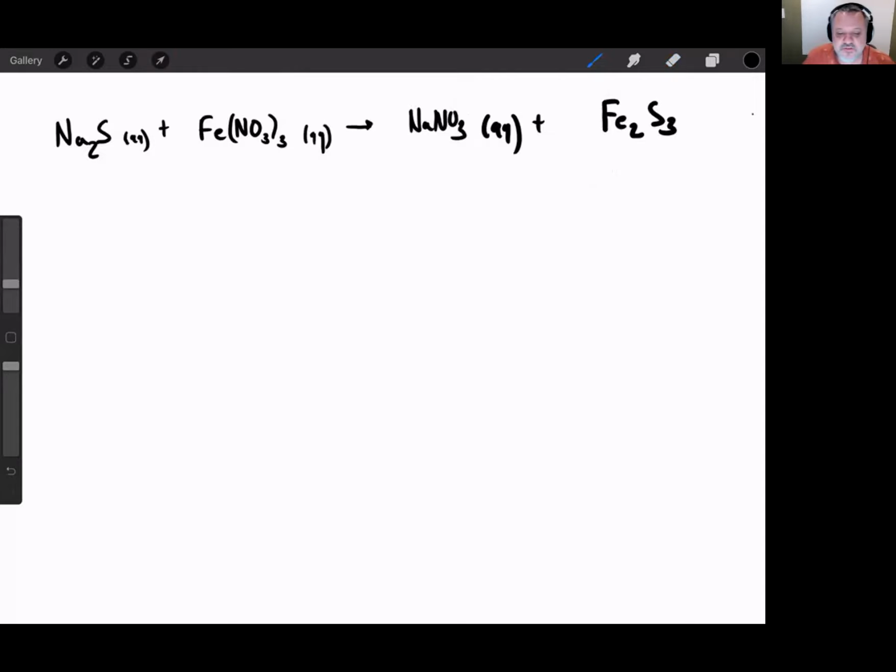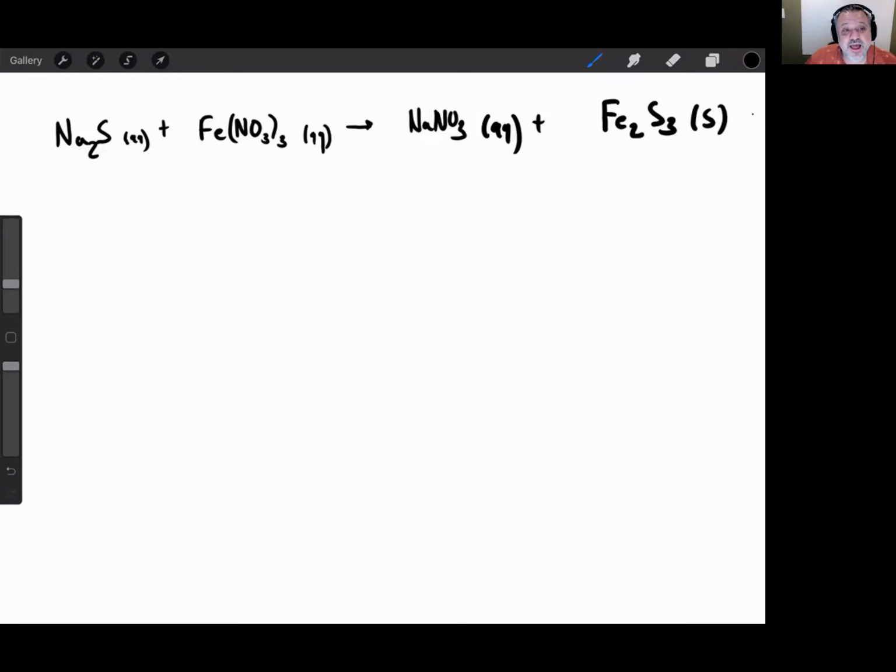Actually, sulfides do the same thing as oxygens, or they do the same thing as hydroxides. But even if you didn't have that particular rule, you would assume everything else is going to be insoluble, and that's the case here. This is not soluble. This is insoluble, so it is a solid.